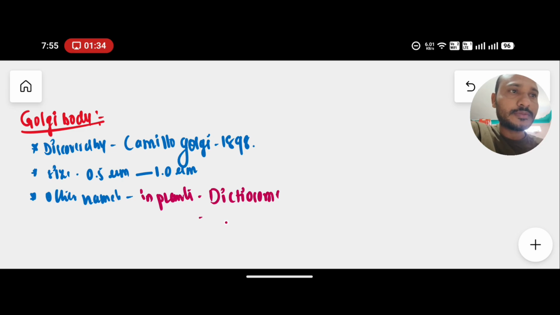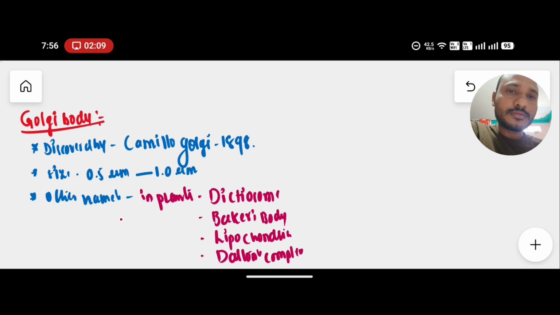Generally, these Golgi bodies are extensively studied in yeast, hence in yeast this Golgi body is also called Baker's body, and it also has names like lipo, Dalton's complex, or idiosome.